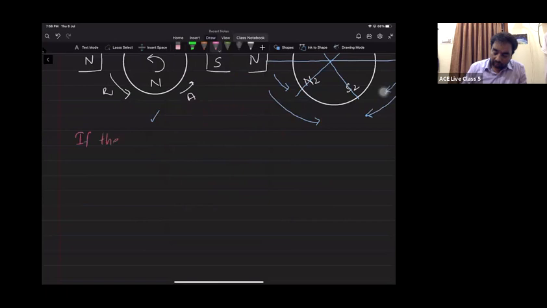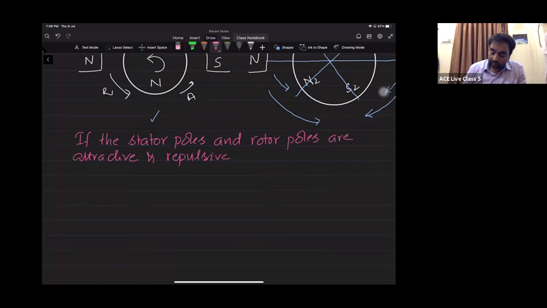If the stator poles and the rotor poles are the same, attractive and repulsive forces are in the same direction and are additive.